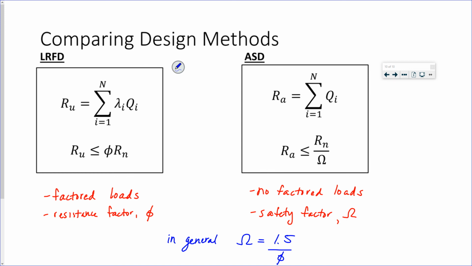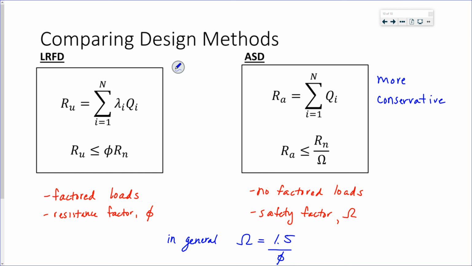ASD is generally considered more conservative. Sometimes more conservative is better, but sometimes more conservative means it costs more because you're picking bigger sections, and bigger sections weigh more and cost more per foot.